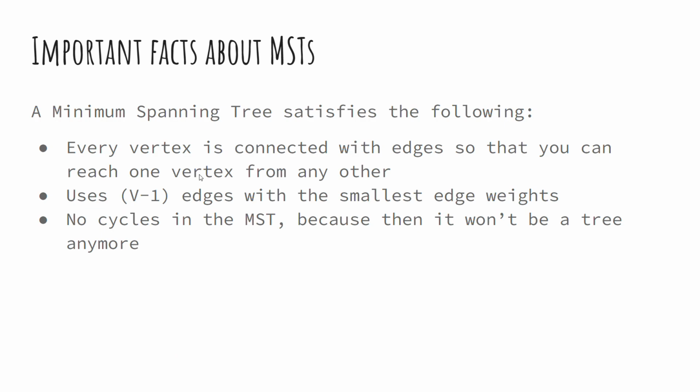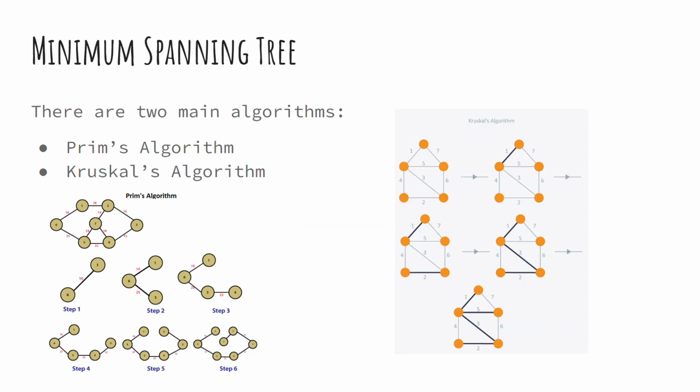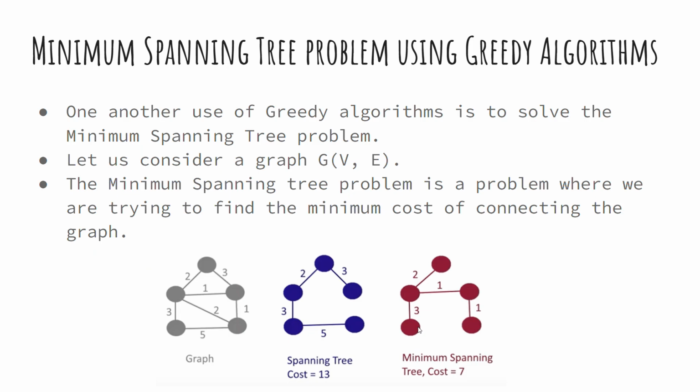Alright, so let us understand some basic facts about MSTs. MST over here means minimum spanning tree. So a minimum spanning tree basically satisfies the following three conditions. The first one is that every vertex is connected with edges so that you can reach one vertex from any other. So you could basically reach any vertex from this vertex, and similarly you can reach every vertex from this vertex and so on.